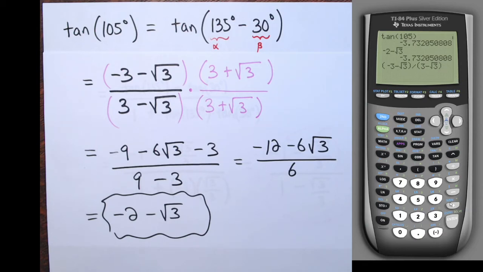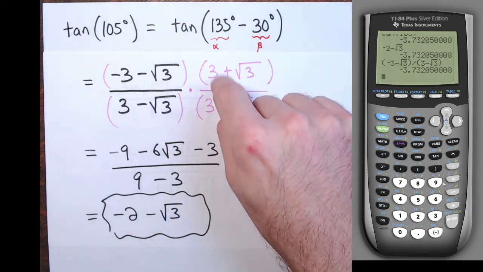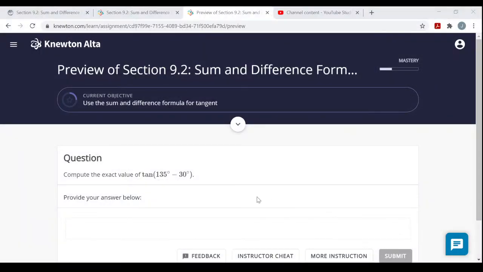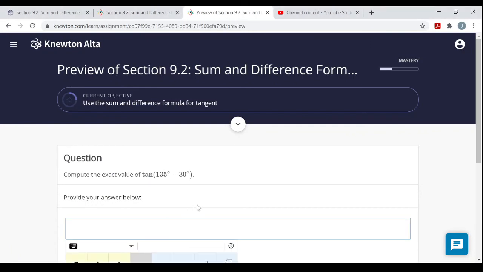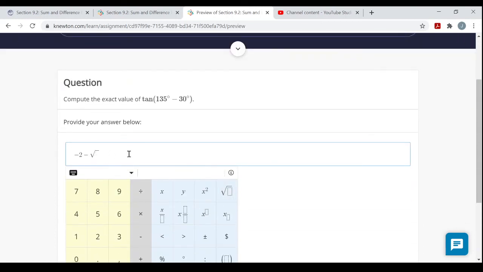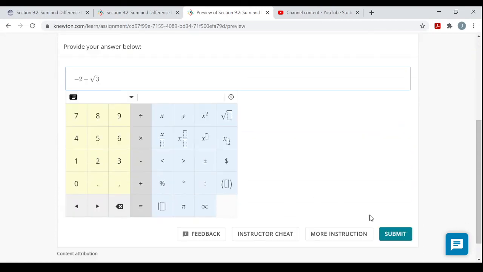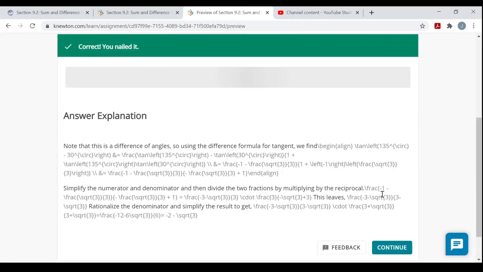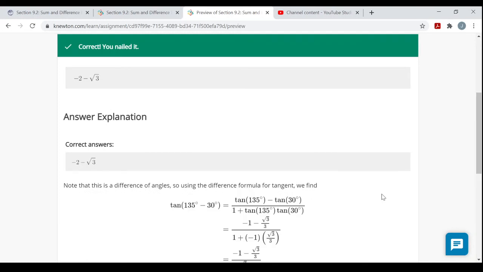I mean, you could probably just enter that. You see how it's the same value. But I'm going to enter the much simpler version, after multiplying the numerator and denominator by the conjugate of the denominator. All right, so back on the website, what I'm going to enter is negative 2 minus the square root of 3 is the tangent of 135 degrees minus 30 degrees, the tangent of 105 degrees.